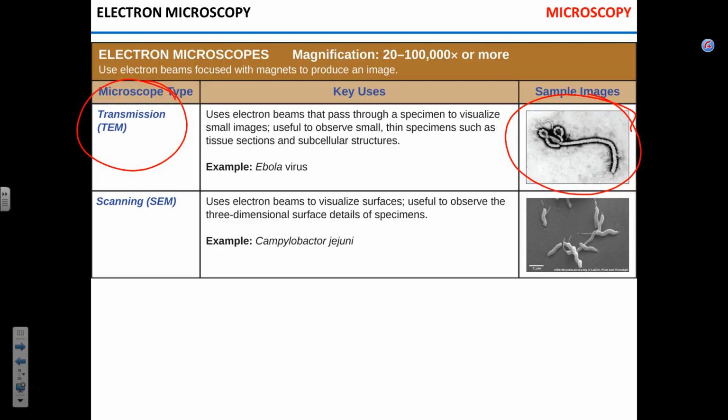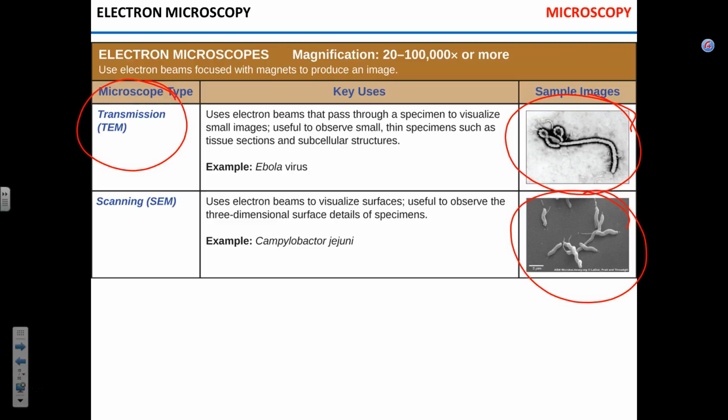So this is how scanning looks. Do we know what's inside those cells? No. But we know the shape. In my opinion, transmission, I would say it's ugly but useful. Scanning is gorgeous but not very informative.